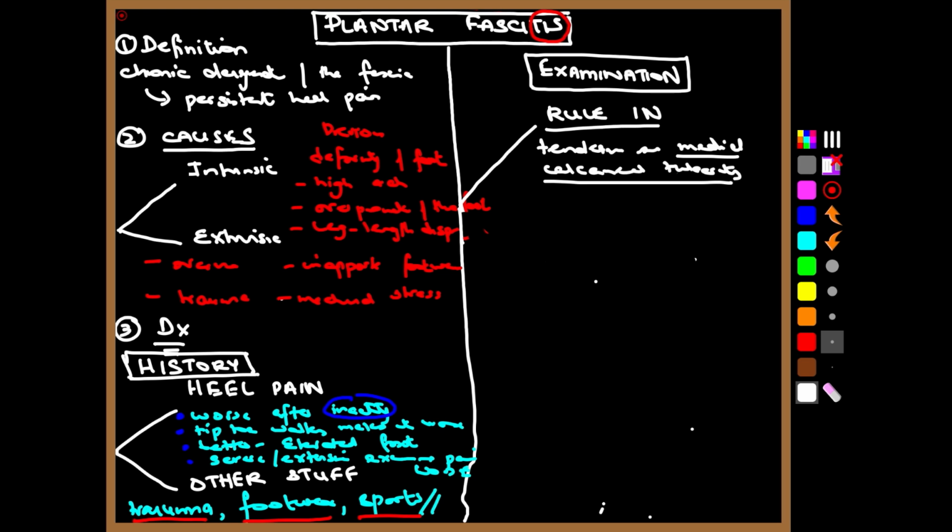In addition to that, because the same fascia goes from the medial calcanean tuberosity and is inserted at the base of the toes, if we produce toe dorsiflexion, that will mimic the pain as well.